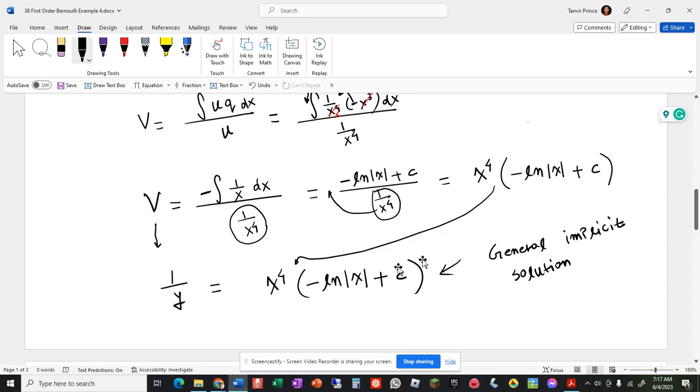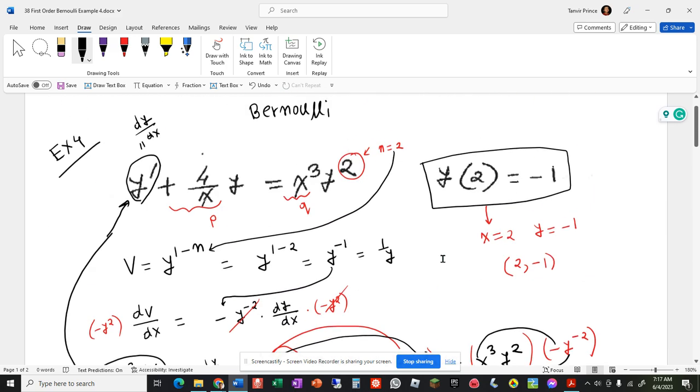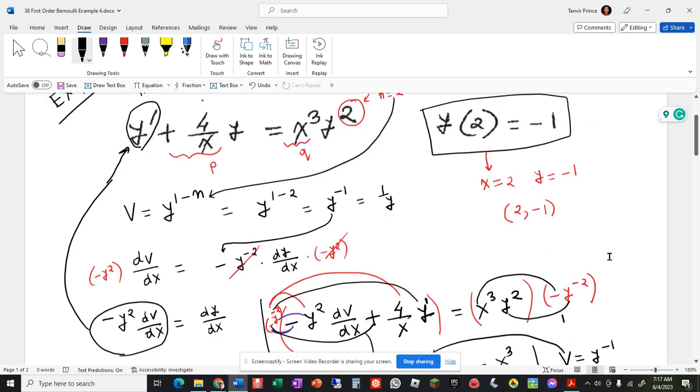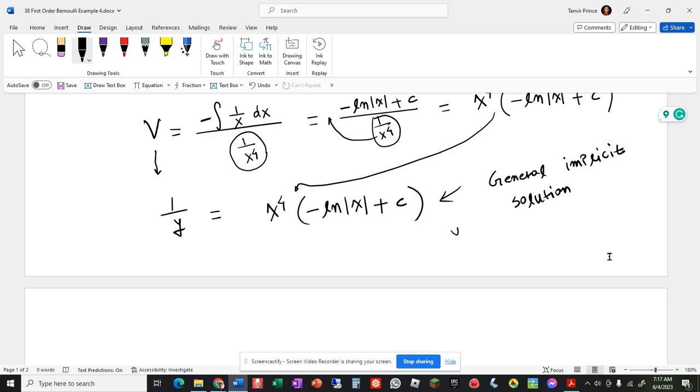Let's actually find out the C using the initial condition. So let's go back. The initial condition is y of 2 equal to -1. So let's use this initial condition that y of 2 is equal to -1. So when x is 2, y is -1.